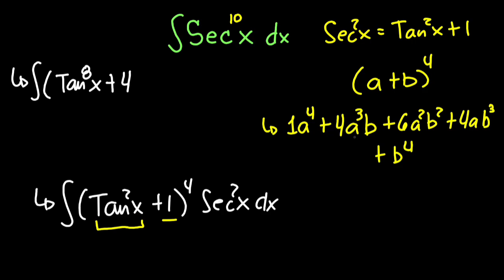plus 4a cubed would be tan squared of x to the power of 3, which would be tan to the power of 6 of x.